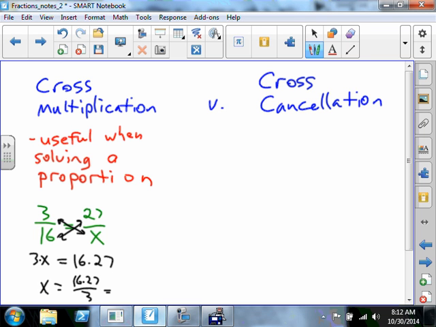Who knows? Okay. I solve proportions a little bit different than most people. But anyway, that's useful, finding the cross products like that. Okay. Cross cancellation is useful when multiplying fractions. And this is where it gets confusing.